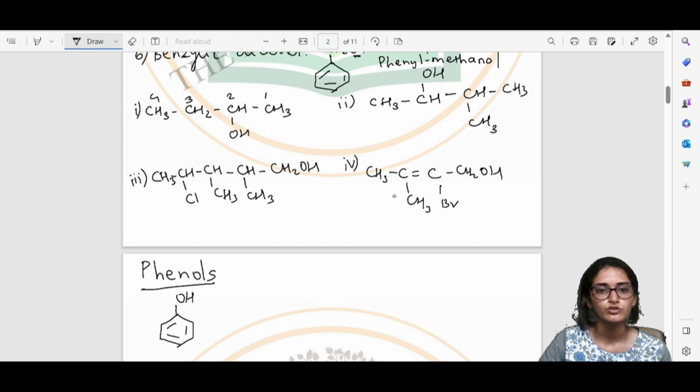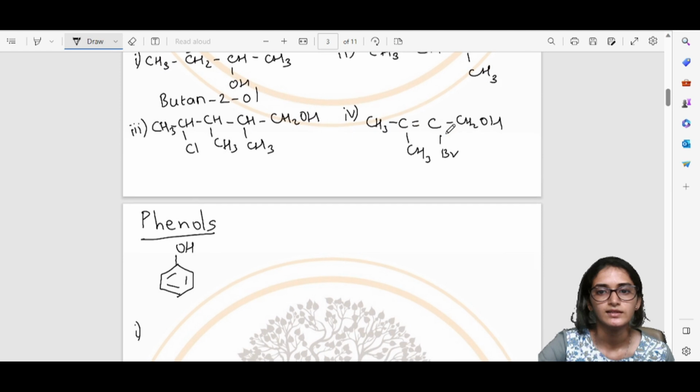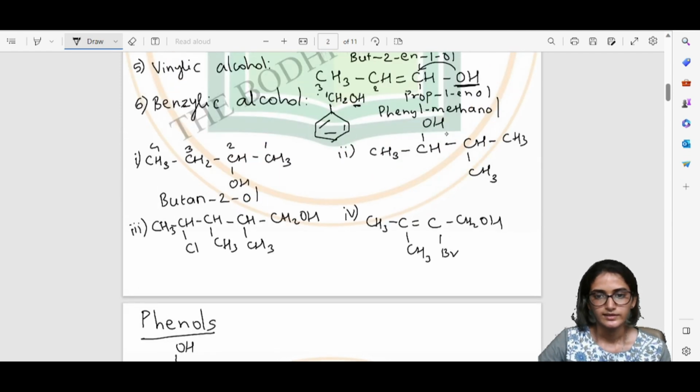Now OH is attached to the second carbon, so we will directly start naming. The name of this will be butane, 4 carbons, no? So butan-2-ol. Then we will see the second one. Here in the second example, along with OH, one more substituent is there, that is CH3.